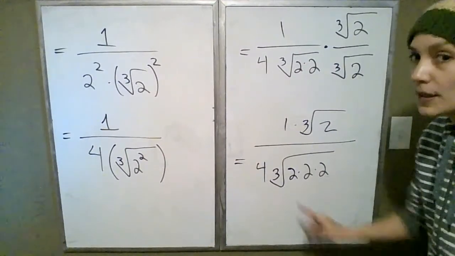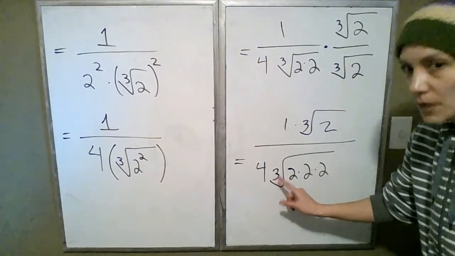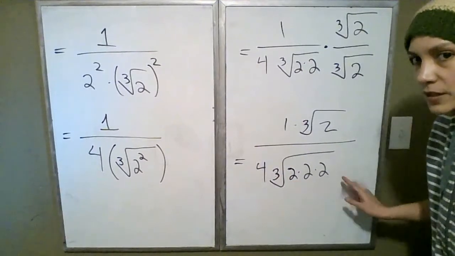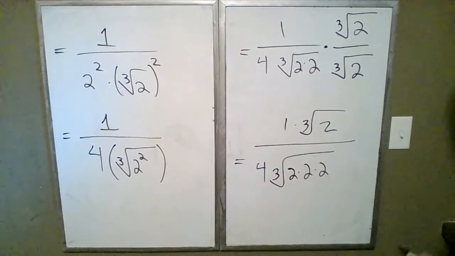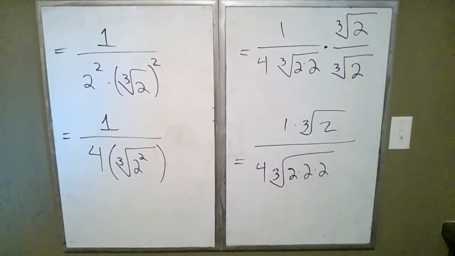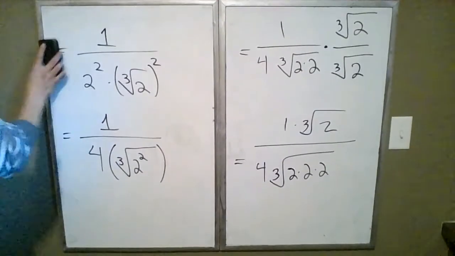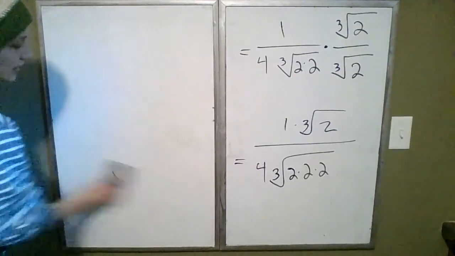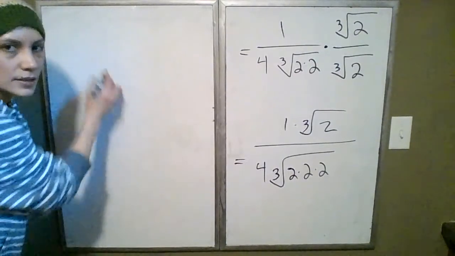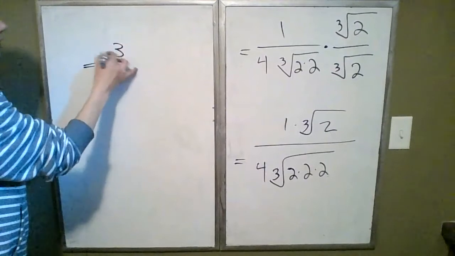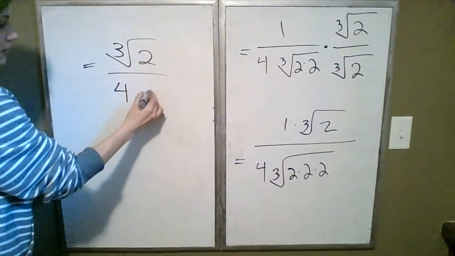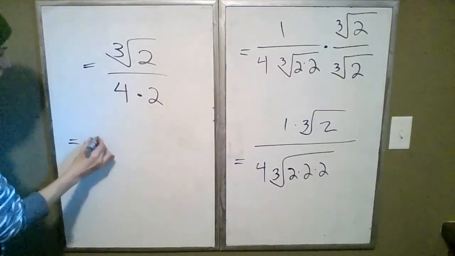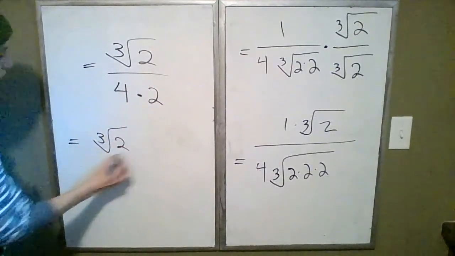We're almost done. So I have a root of 3 and 3 of the same factor, so this 2 comes out from under the root and it's multiplied with that 4. Numerator was or is a cubed root of 2. So it would be a cubed root of 2 over 8.